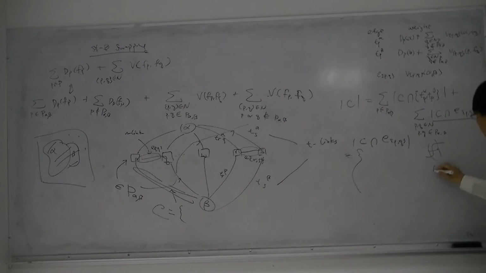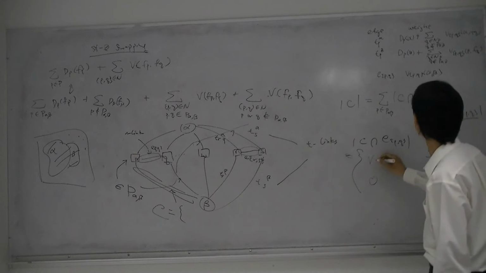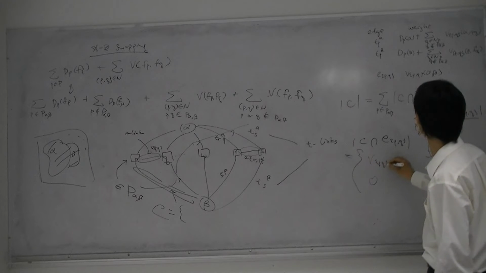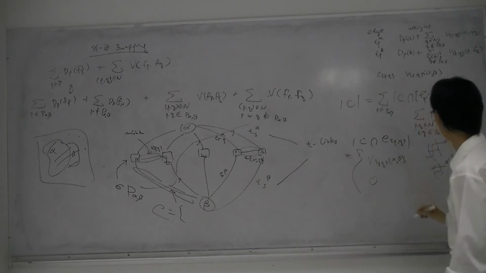Or it can be this case or this case, right? If I'm in this case, then basically it should be 0, right? I don't cut through it. The set is empty, so therefore it's 0. If I cut through it, then the value is this V_PQ(alpha, beta) here.